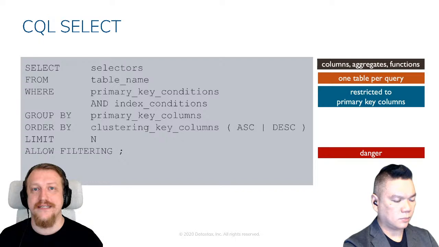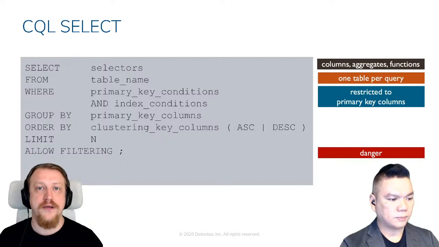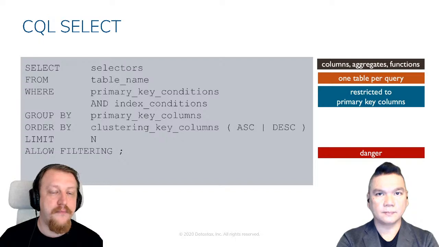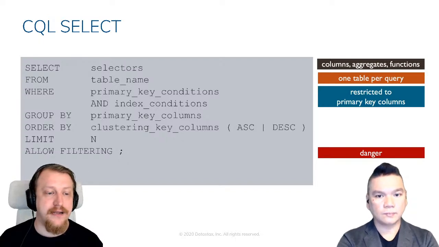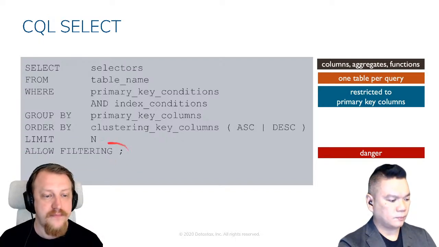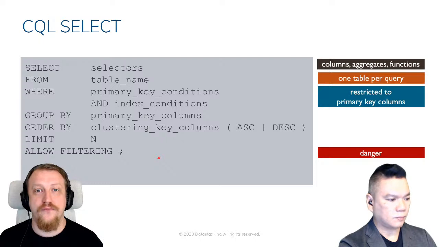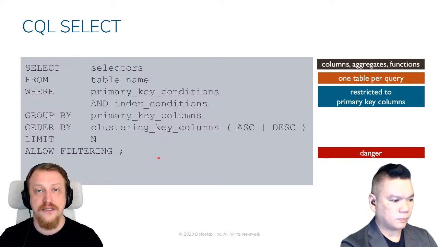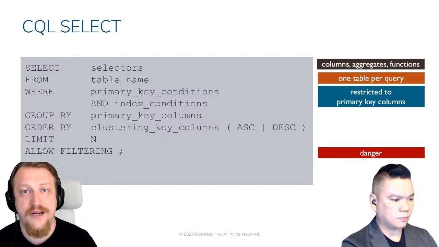By default, Cassandra will drop such a request and say, okay, I'm not going to do that, it's dangerous. But if you insist, you may use the allow filtering statement, and Cassandra will do a full cluster scan and return the data to you. Of course, it's going to be very slow, and that's a very, very bad practice.